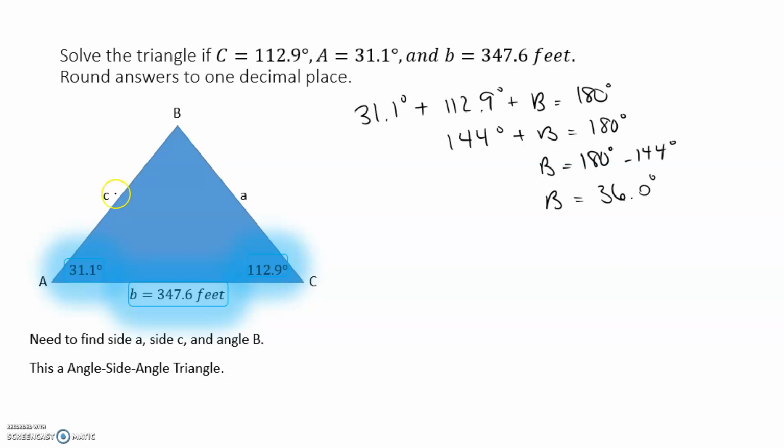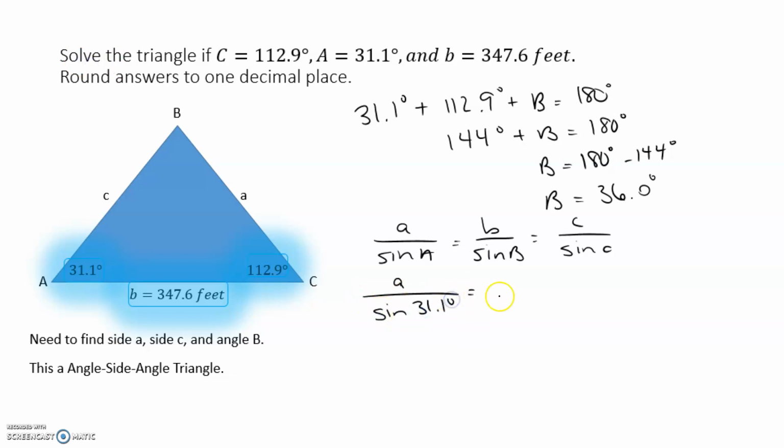Okay, all I have left now is to find side C and side A. So I'm going to use the law of sines. So A over sine of A is equal to B over sine of B, and C over sine of C, and then plug in what I know. I don't know side A, but I know angle A is 31.1.